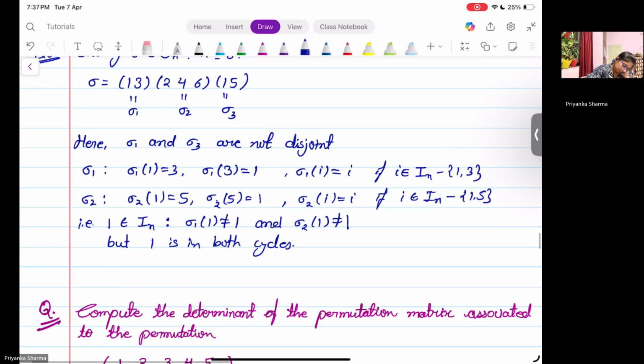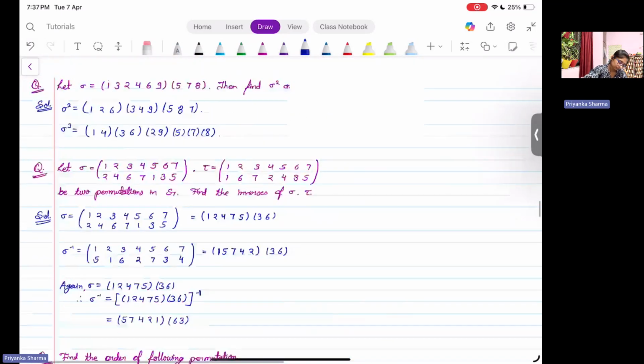Therefore, sigma 1 and sigma 3 are not disjoint.